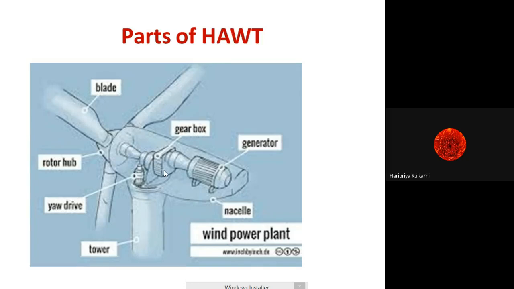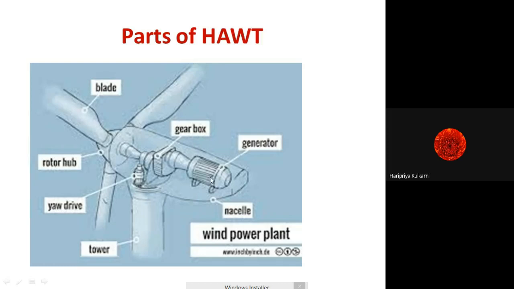To avoid that, we lock all the blades and purposefully stop the rotation even though a high amount of wind is there. Generally this is in case of storms or high wind speeds. For that purpose we need to take control, and it can be done with the help of a controlling mechanism.